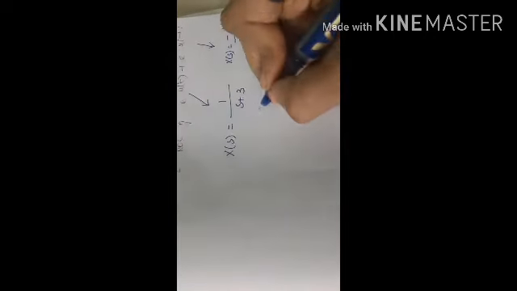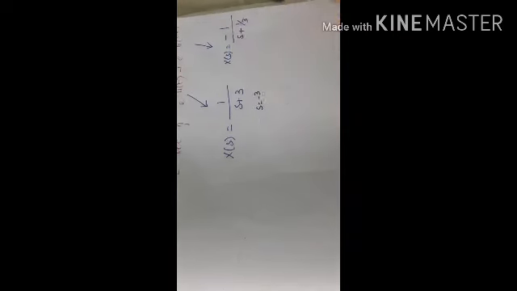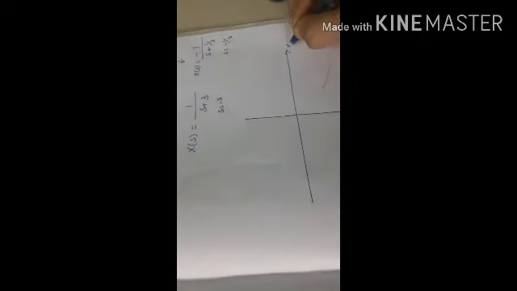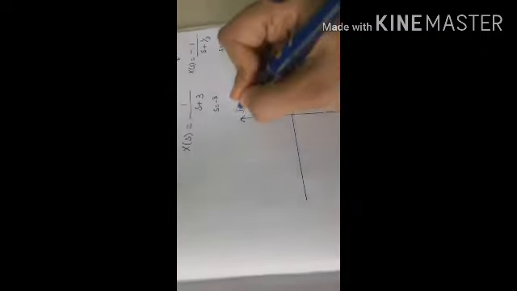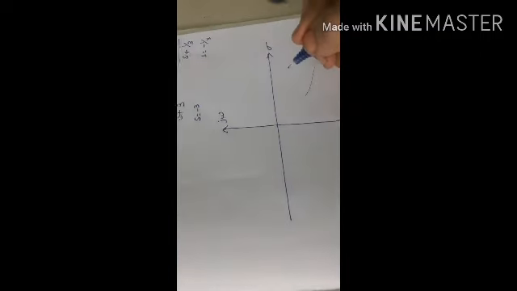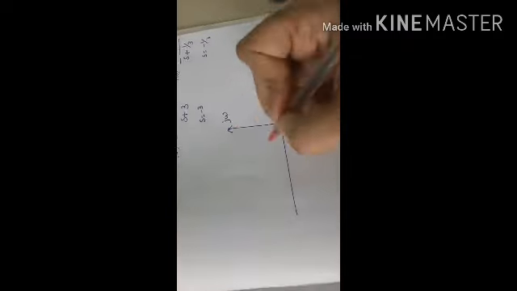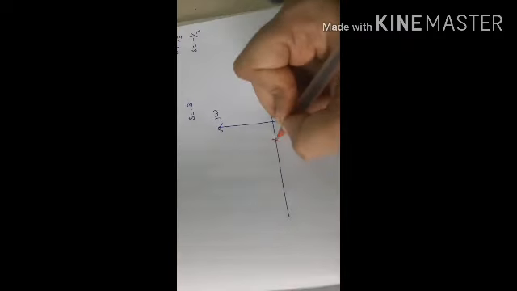Now we are going to find the poles for these two functions. So s is equal to minus 3 is the pole here, and s is equal to minus 1 by 3 is the pole here. Now we are going to plot the sigma j omega axis to find the region of convergence. This one is minus 1 by 3.